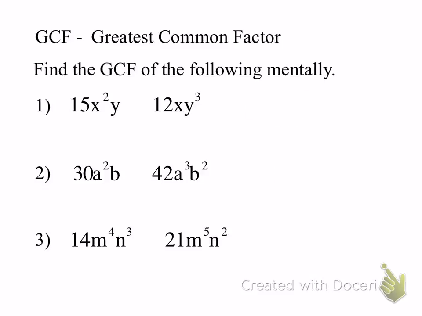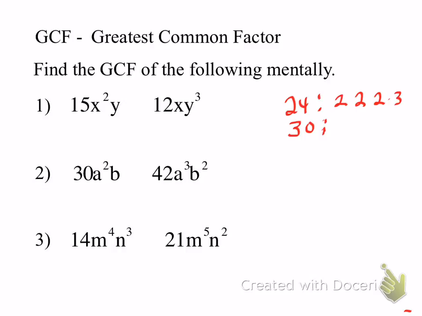So, a GCF. A GCF is a greatest common factor. So if I asked you the greatest common factor between like 24 and 30, if I break it down to prime factors, just listen for a minute, put your hand down. 24 is made up of 2 times 12. 12 is made up of 2 times 6. 6 is made up of 2 times 3.